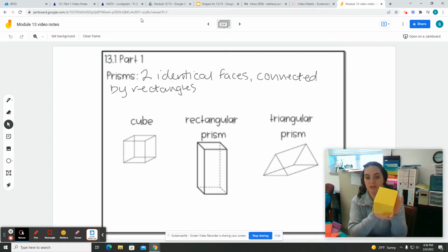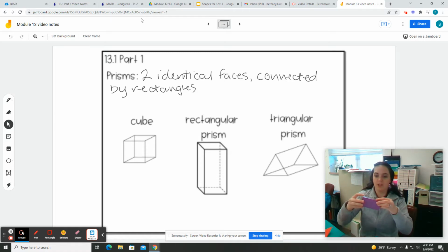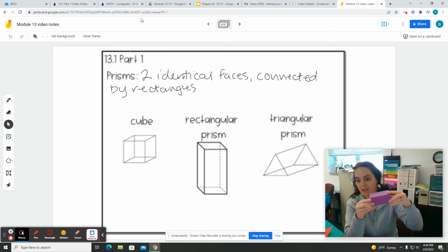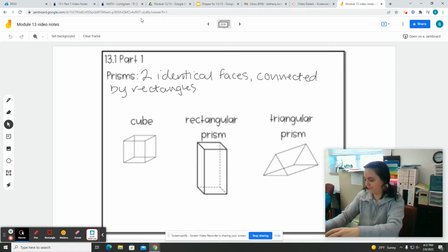So this is a cube, okay? We also have a rectangular prism. So this is a rectangular prism where we have 2 squares on either end. Here's the front one, and then there's one on the back here. And then they are connected around the sides by these rectangles. So this is a rectangular prism, okay?